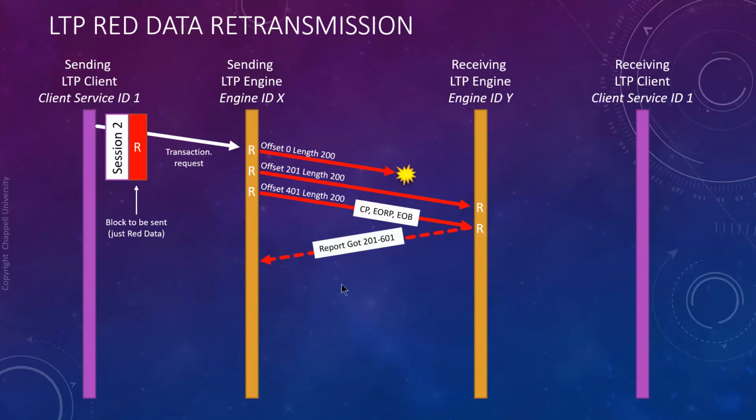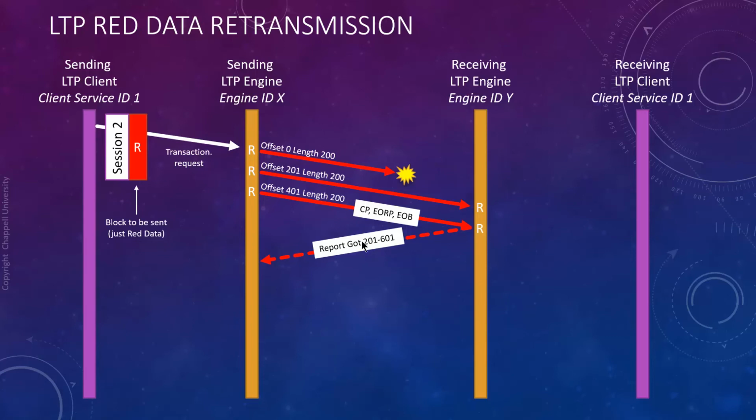The report comes back, and in the claims section it will say, I got offset 201 and I got 400 bytes. So essentially it's acknowledging from offset 201 to the end of the second packet, which would be offset 601.